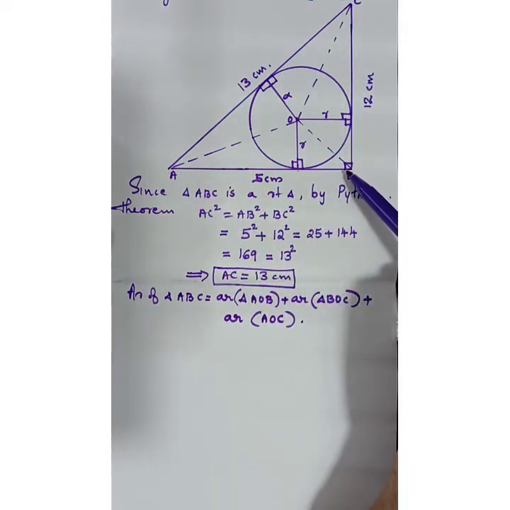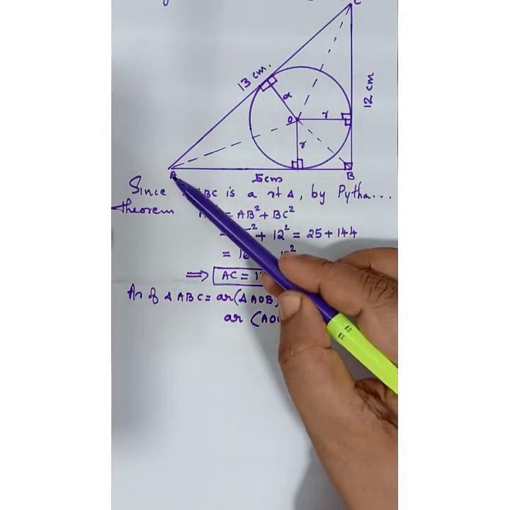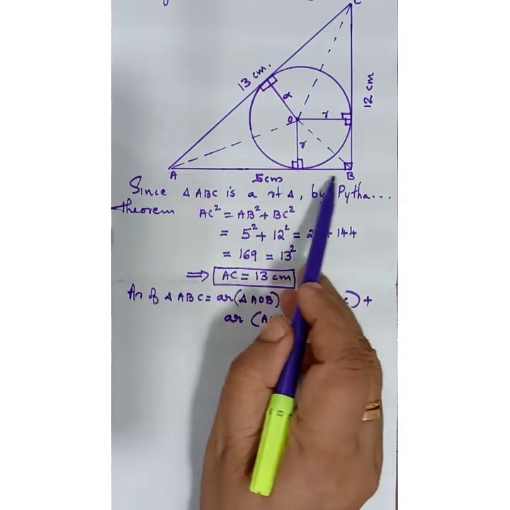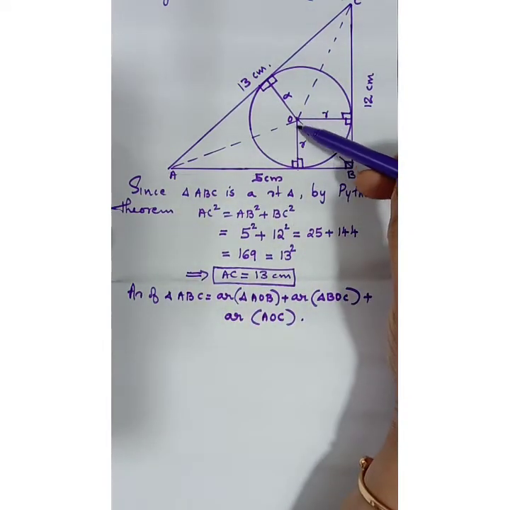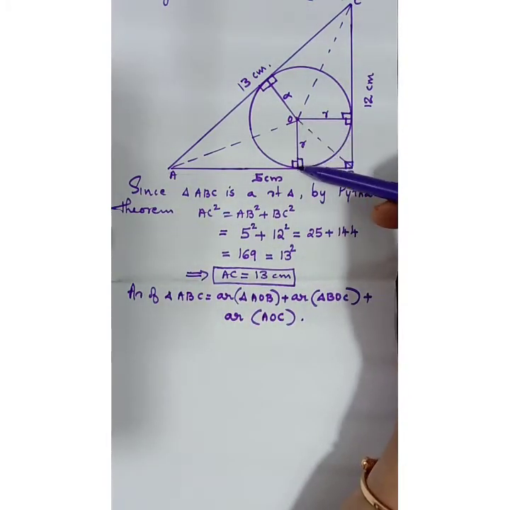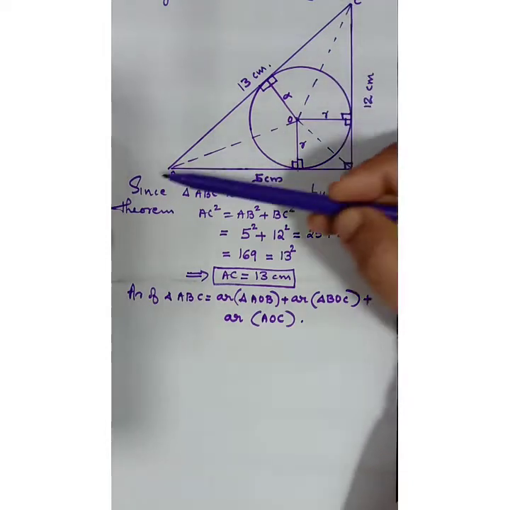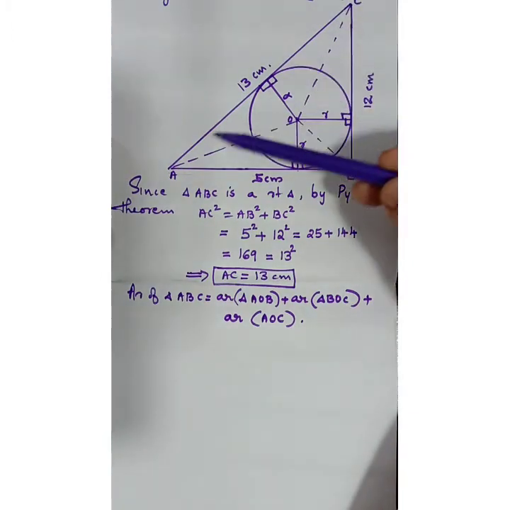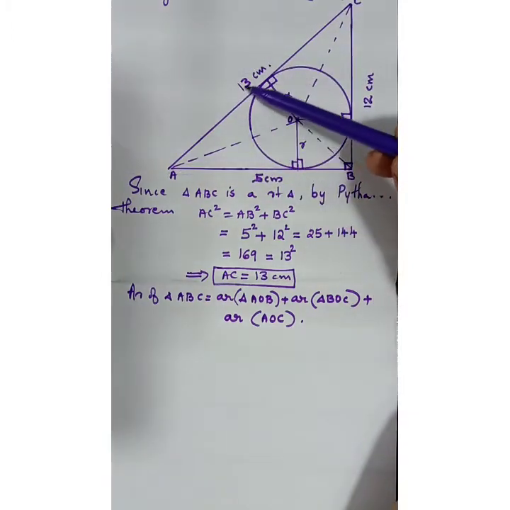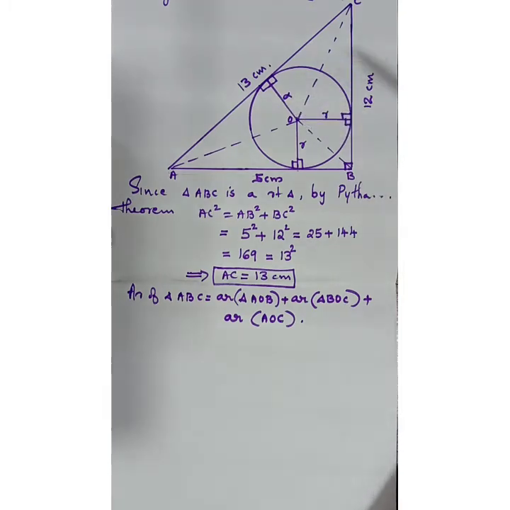In triangle AOB, this is also simple. Base we know is 5 and the perpendicular height is this radius. Similarly for triangle BOC, base is 12 and this is the perpendicular height. For triangle AOC, area is half into base 13 into height R.